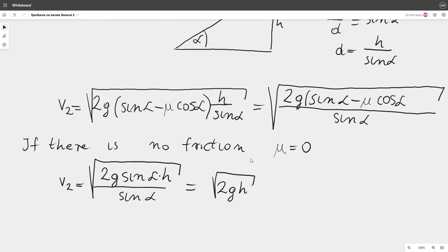If there is no friction, coefficient of friction is equal to 0. So it is 0. 0 times cosine of alpha is also 0, and we can get rid of sine of alpha then.